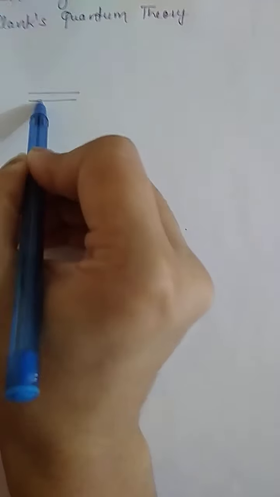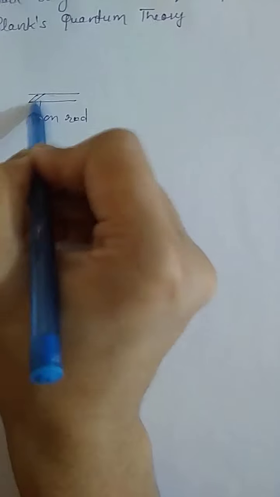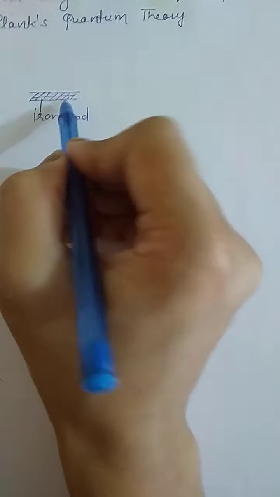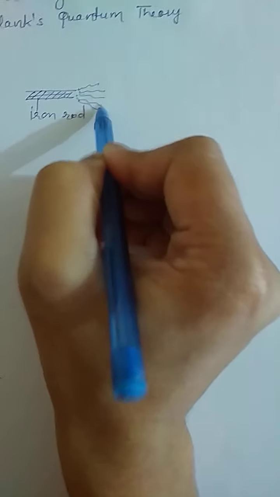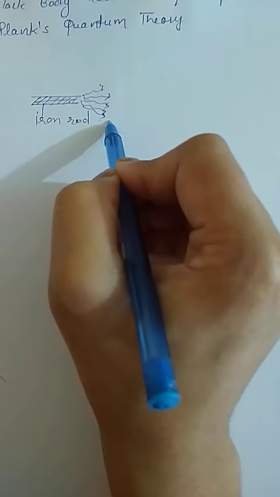Why is there a change in color? Suppose this is an iron rod. When it is heated, it will emit radiations, that is, energy.